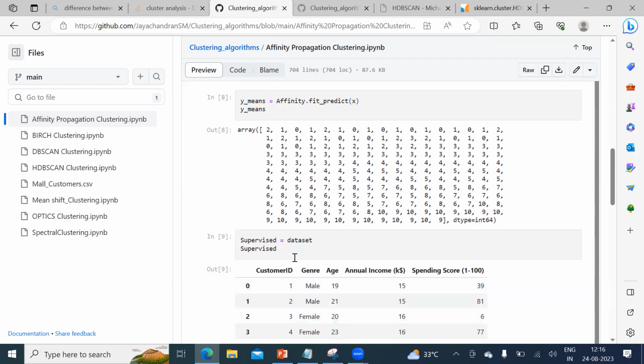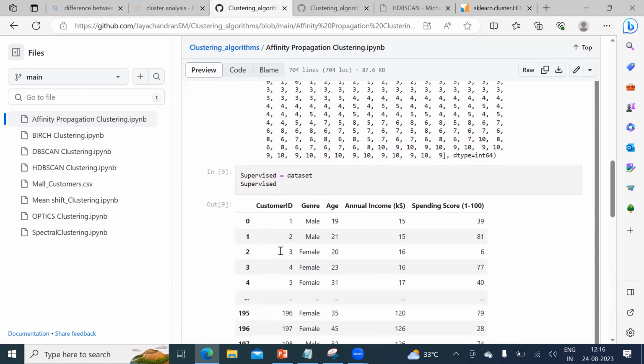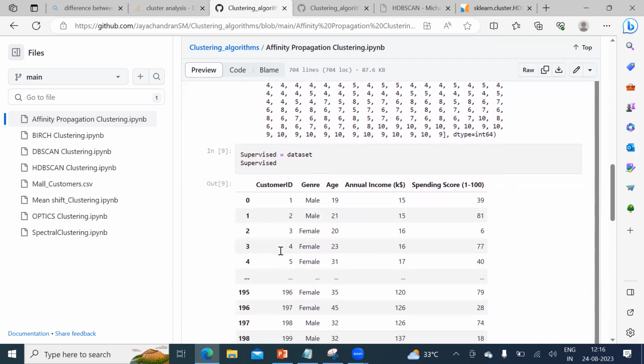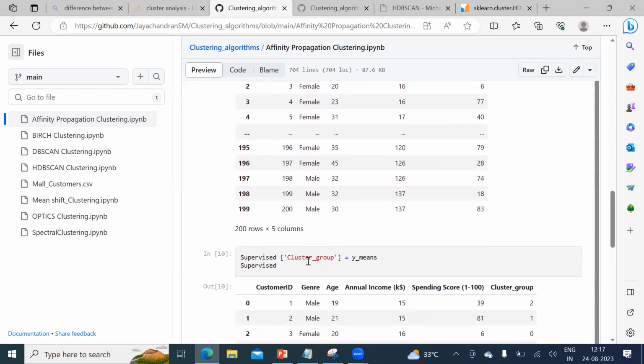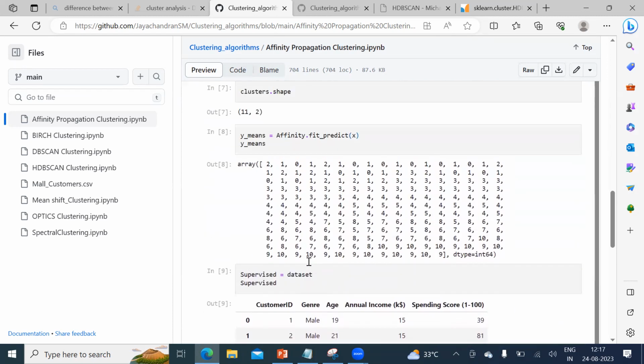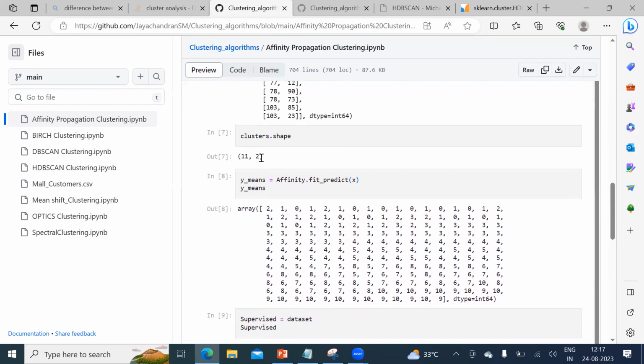After that, I'm assigning to one variable whatever I predicted. Now I'm creating a variable called supervised and assigning the original data set, so that I can see the original data set, and I need to uncover something out of this data set, which is to identify the targets. As I already told you, I have created 11 clusters after running the affinity propagation algorithm.